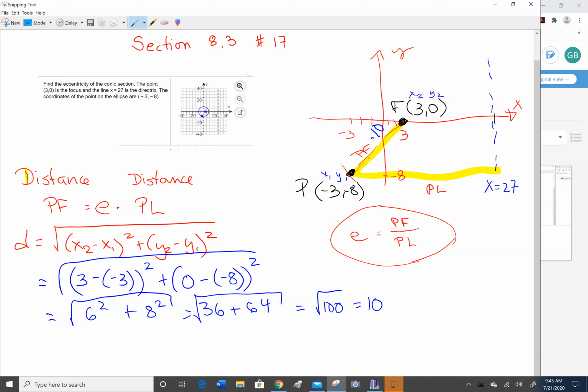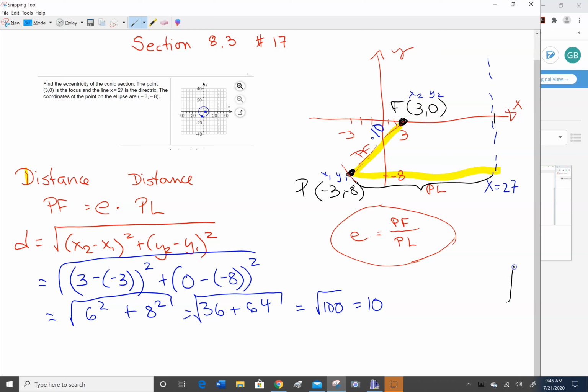Now we have to find the distance between the directrix, the vertical line, and our point. You can clearly see we basically have to find the difference between the x values. We have to find this distance.